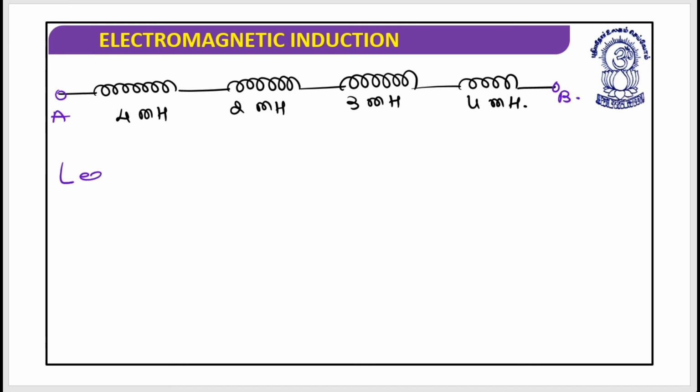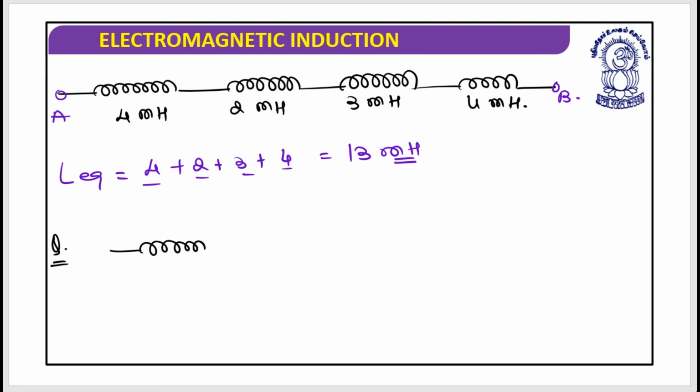So L equivalent for this is 4 plus 2 plus 3 plus 4. 4 plus 4 is 8, 8 plus 2 is 10, 10 plus 3 is 13 millihenry. Have you done this? Got this? Great.